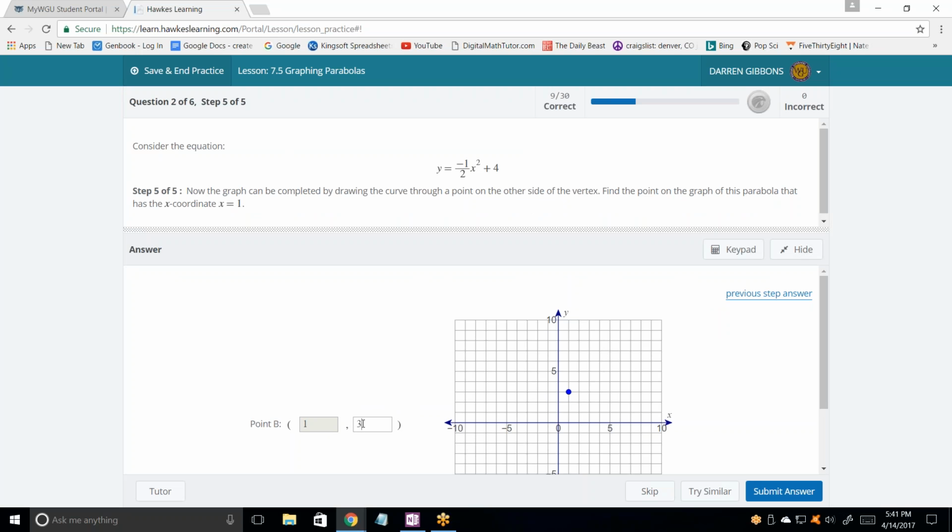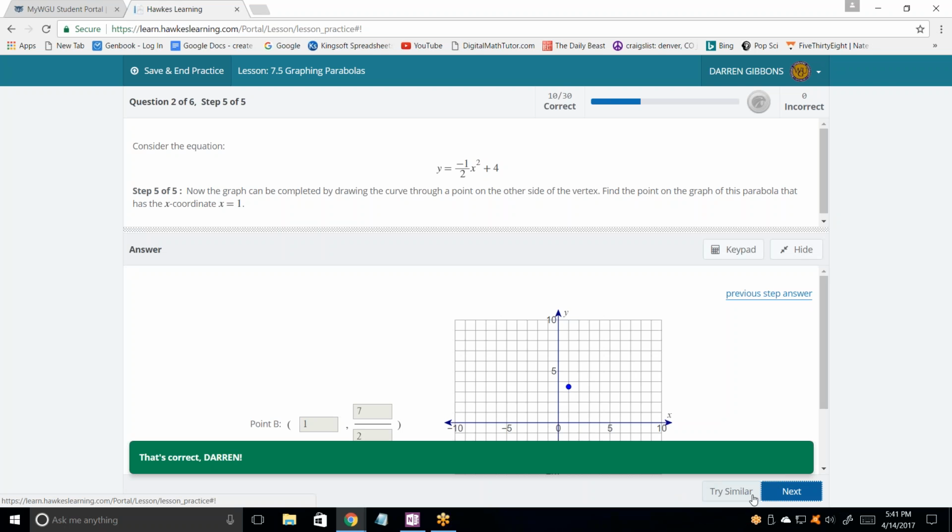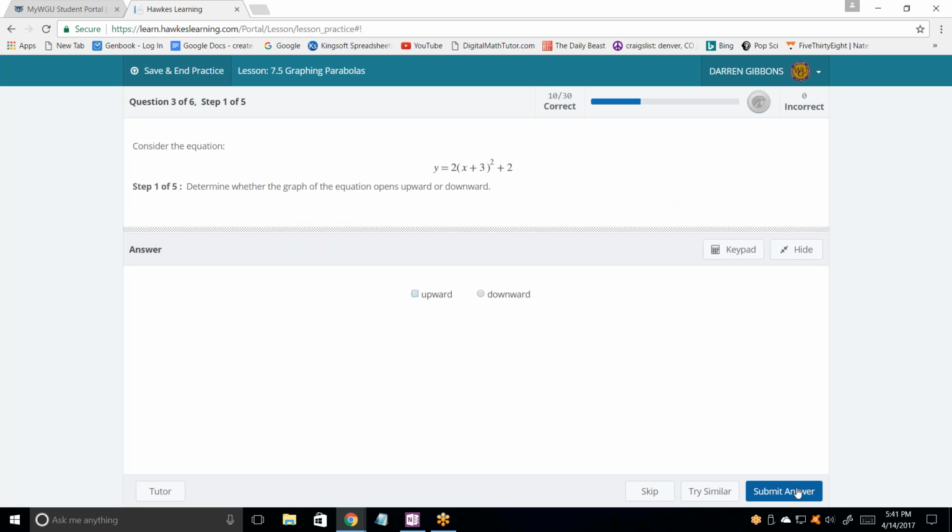Let's try 7 divided by 2. Alright. The only problem with these online things is that, boy, you got to get your answer exactly the way they want it. In other words, it didn't like 3.5. It wanted 7 divided by 2.